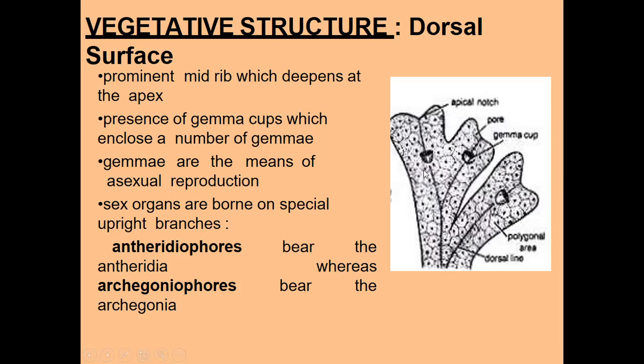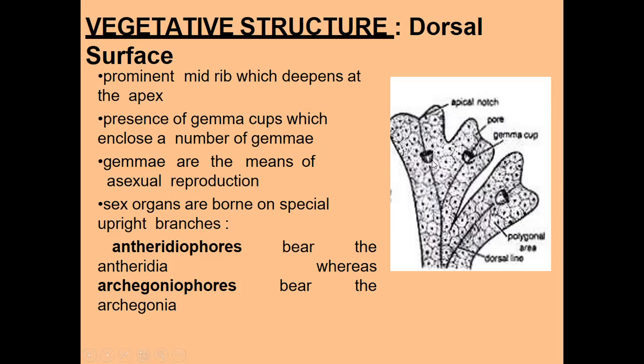What you can see on the dorsal surface is the presence of gemmae cups. These are the vegetative reproductive parts of the thallus plant body. They help in carrying out vegetative reproduction.